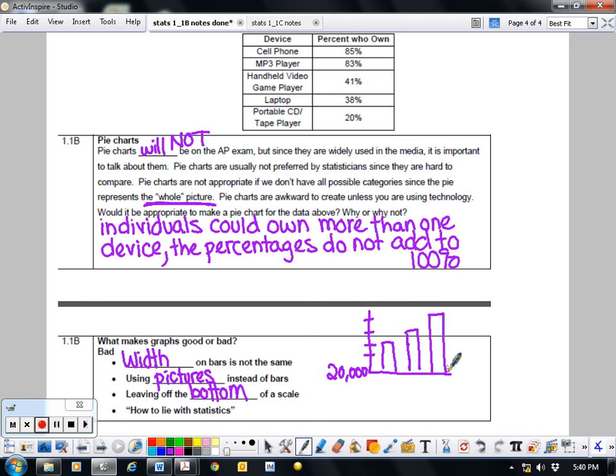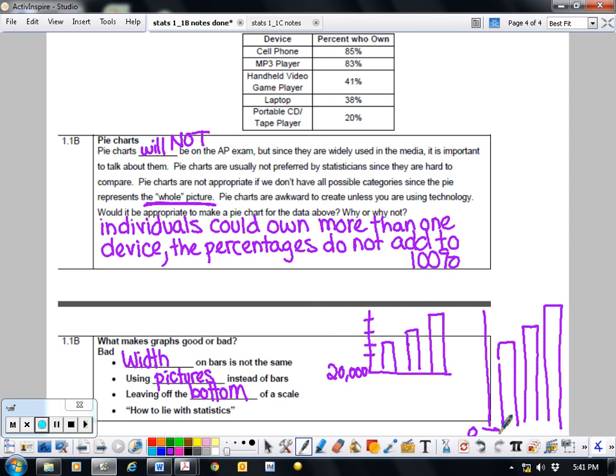And it makes it look like there's a huge difference, when really, if you were to go all the way down to like 0, your bars would look like this and this and this, which, because you've cut out all this part down here, it exaggerates the differences between those two. And that's not appropriate.